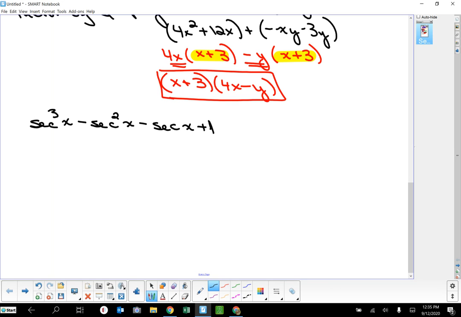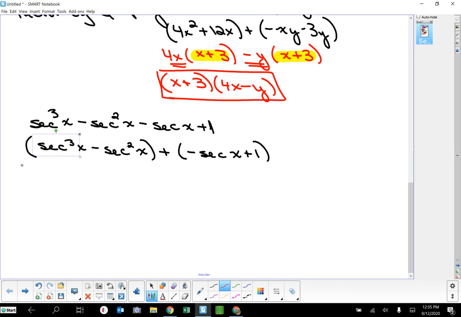And again, the directions say factor and simplify. So I'm going to put my secant cubed minus secant squared in one set of parentheses, plus the negative secant, plus 1, and then factor out a GCF. So in the first quantity, I can take a secant squared out. That gives me a secant x minus 1.